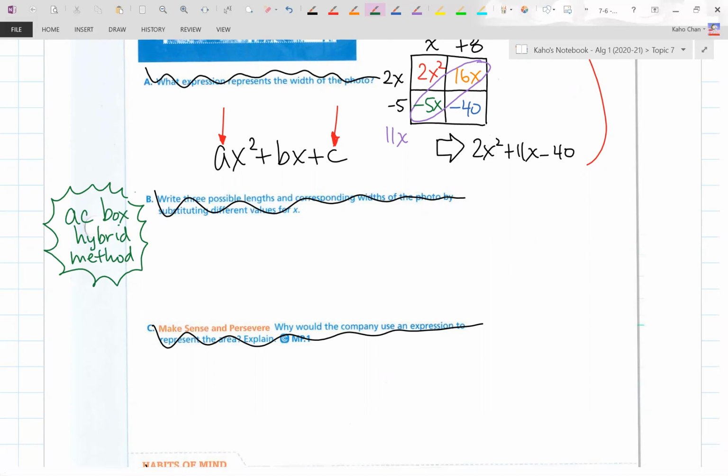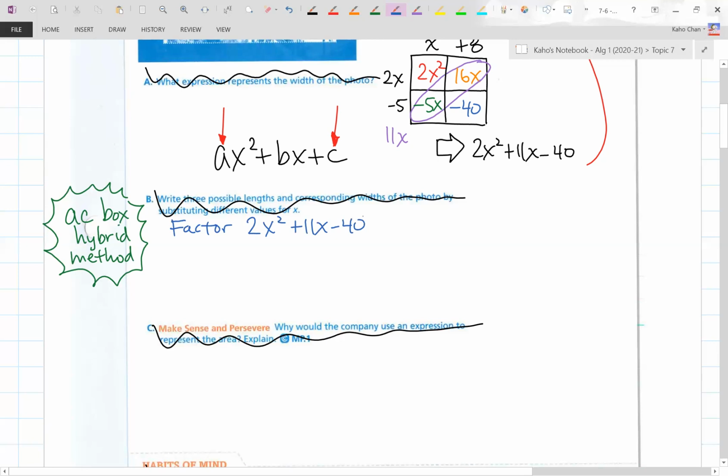All right, let's do this. You guys ready? All right, here we go. We're going to factor the problem that we just got as an answer from 7-2. Factor this quadratic 2x squared plus 11x minus 40. Okay?